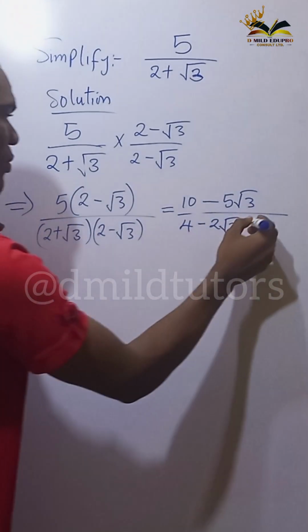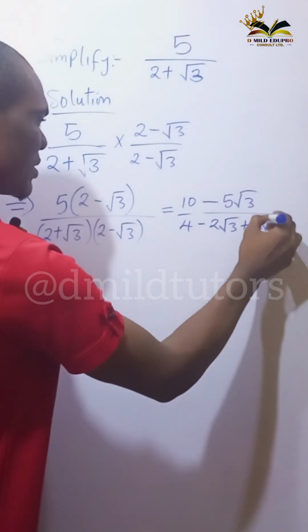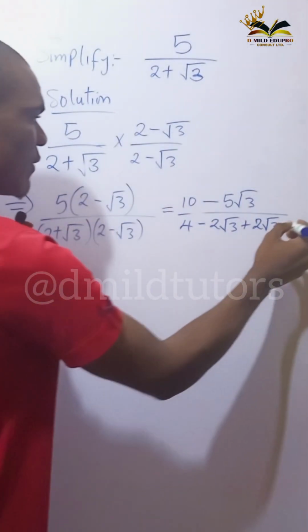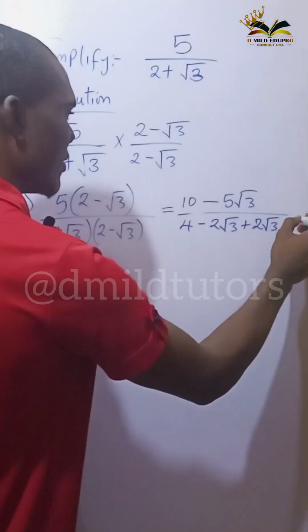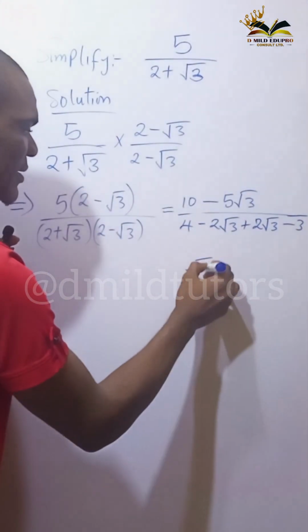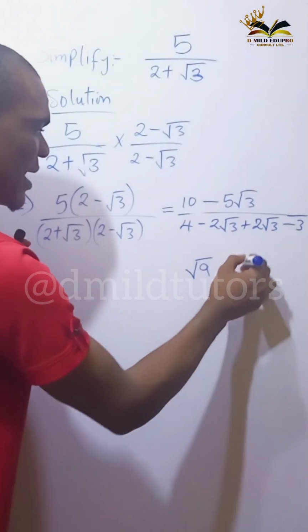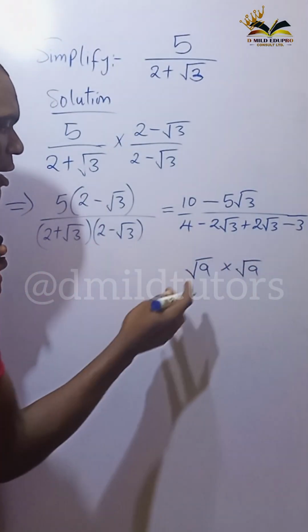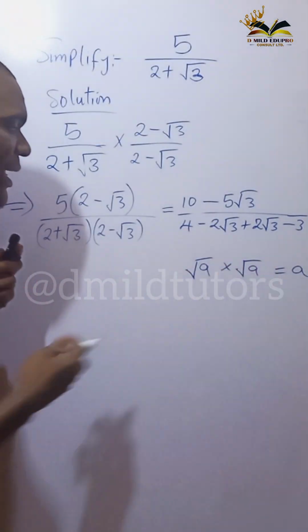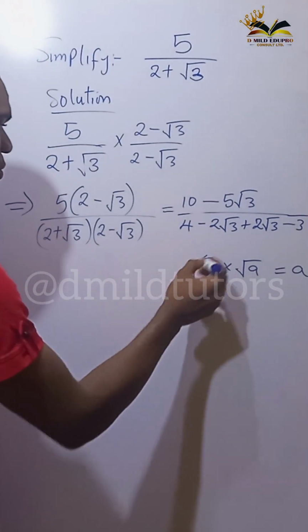Then root 3 times 2, you have a plus 2 root 3. Then root 3 times minus root 3, that will give you minus 3. Remember, whenever you have the same number multiplying itself in a square root, just pick the number inside and then the two roots go off.